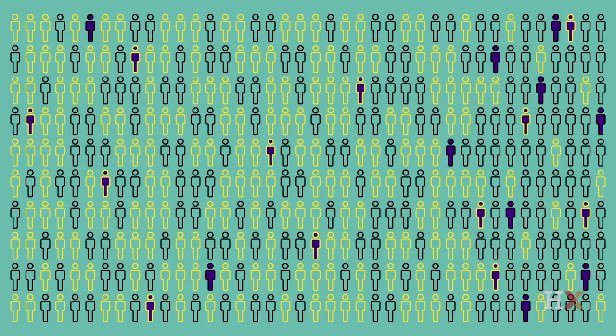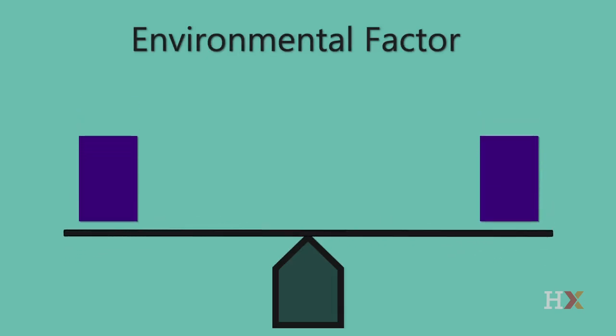Now, we can compute the association, but what does an association between the genetic and the environmental factor, between A and Y, mean? We go back to our definition of association. We know that the genetic and the environmental factor are associated if the proportion of individuals with the environmental factor is different among those with and without the genetic factor.